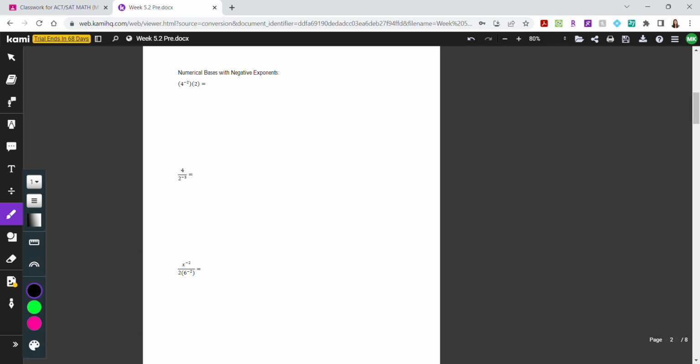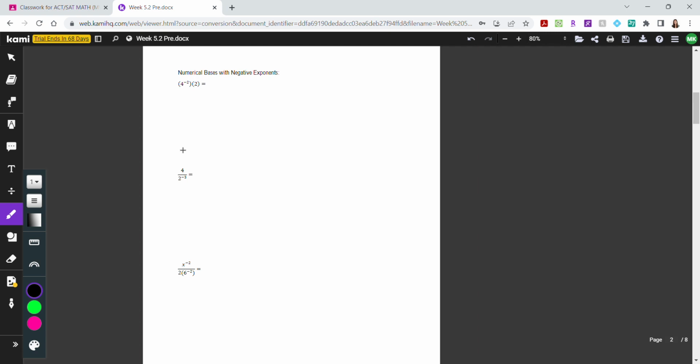Whenever you have questions with a negative exponent and a numerical base especially, it is a lot less confusing if you make the negative exponent become positive first. Like I said, number 1 rule tip when you have a negative exponent and you're solving questions: make the negative exponent become positive.